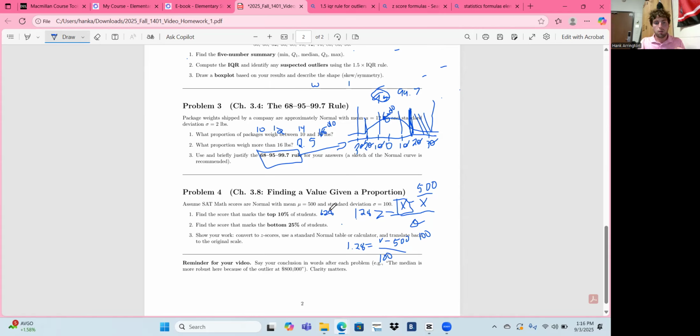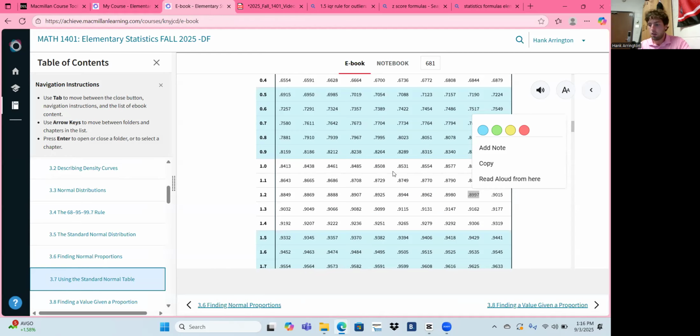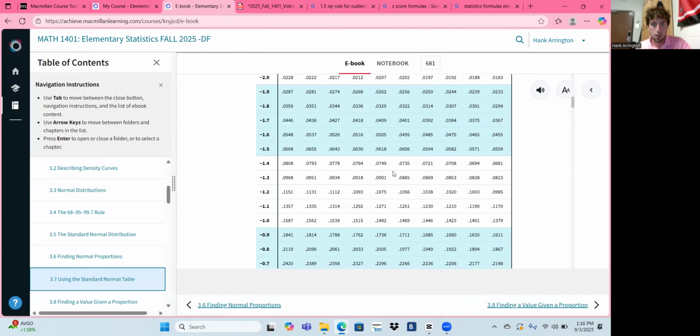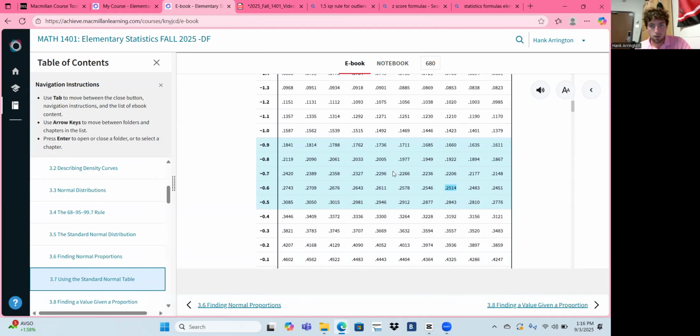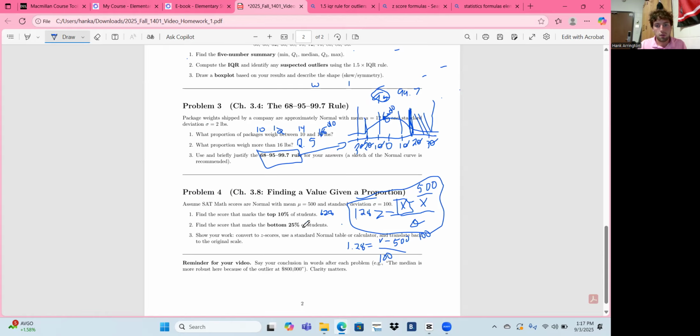All right, then we need to find a score that marks the bottom 25%. So we're going to take the same step that we did right here, the same formula. We're going to try and find a z-score that's close to 0.25. So we're going to go back to our z-score chart, and the one that is highlighted is closest to 0.25, and that is negative 0.67.